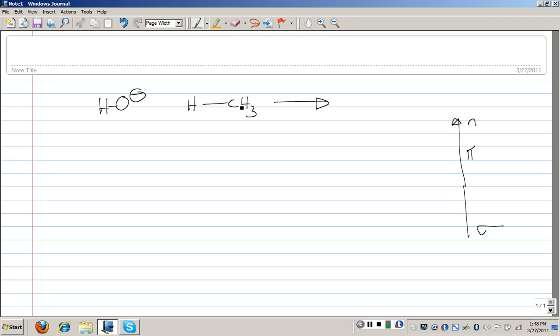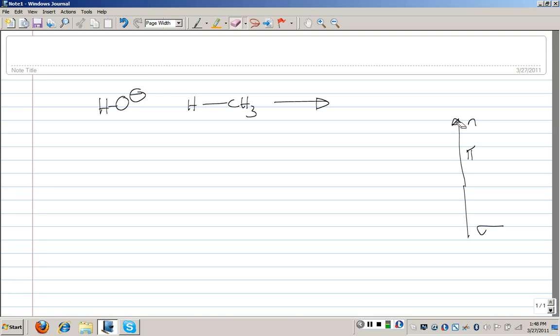If I look at methane, all methane has are CH single bonds, so methane only has sigma bonds. Methane is not basic. So if methane is not basic, it cannot compel hydroxide to function as an acid. Even though hydroxide has a proton, it cannot donate it to the methane, because the methane does not have the tools, a lone pair or a pi pair of electrons, to act as a base.